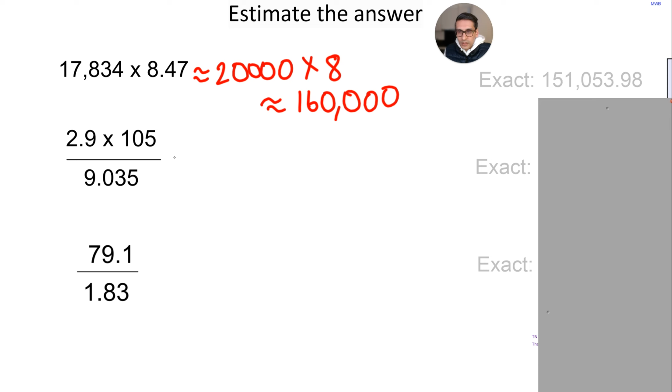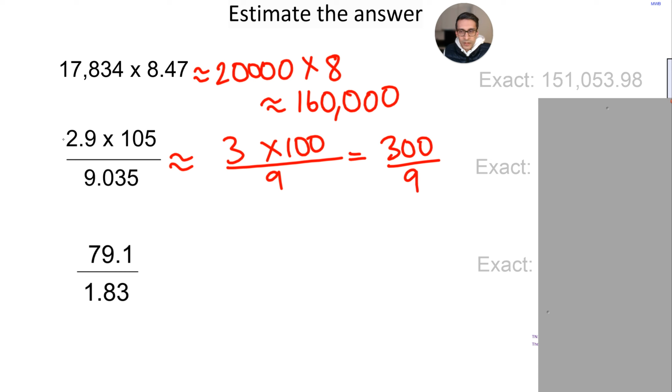Question 2, this will be approximated to 3 times 100 divided by, now 9, let's see, that's going to be 300 divided by 9. So that is going to become 100 over 3, which is around 33.